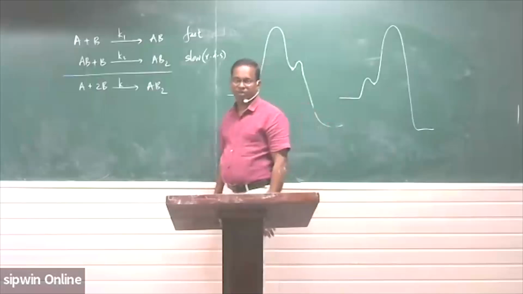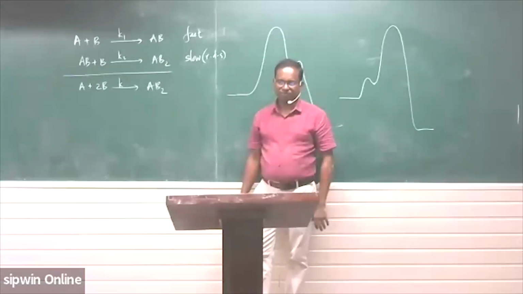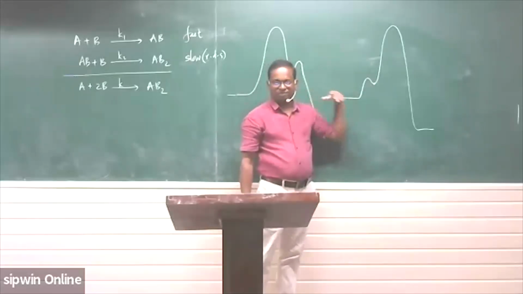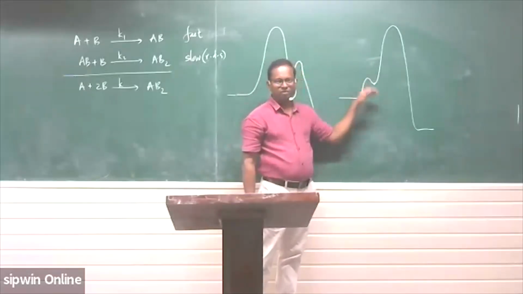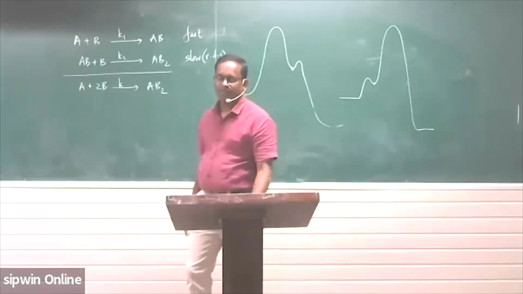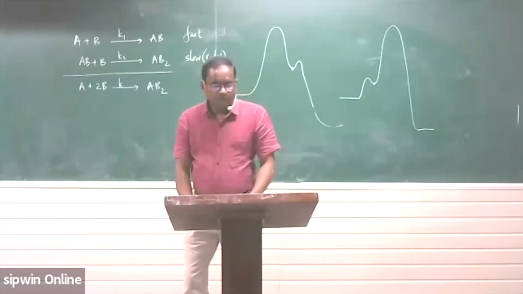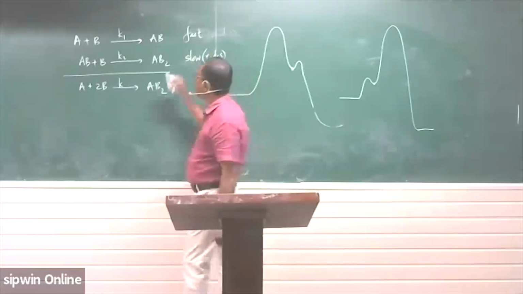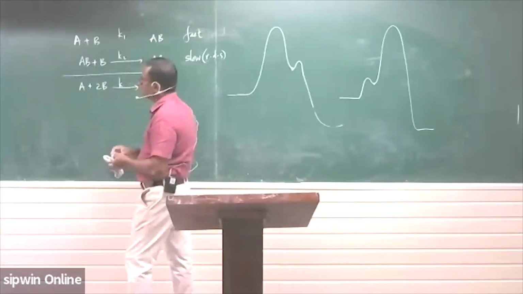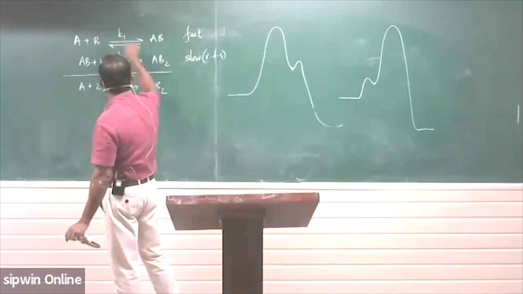It is in an equilibrium, a reversible process. So we assume it is an equilibrium process. Because of that, this one is a fast one, but it is a reversible process.